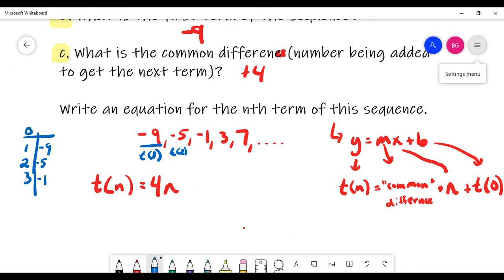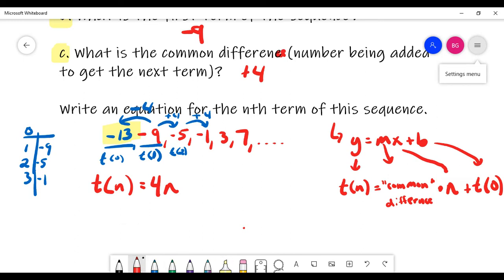But we want 0. We know we were adding 4 each time to get to the next term, so now we have to go backwards to get to our 0 term. Going backwards, we do the opposite of plus 4, which means we minus 4. So -9 minus 4 gets us -13. This number is our t of 0.